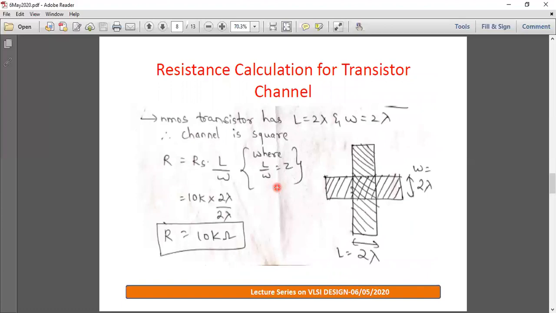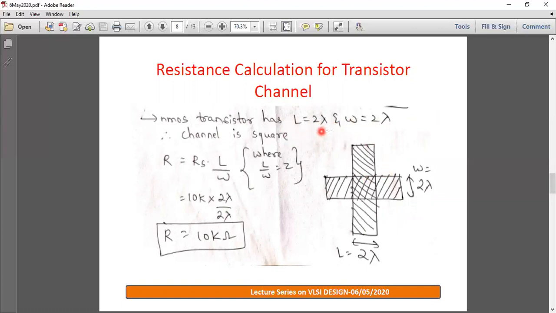So let us begin with the resistance calculation for an N transistor channel. As you know, the standard size for an N transistor is 2 lambda cross 2 lambda. That is, length is 2 lambda, width is 2 lambda, based on lambda based design rules. So both length and width are equal, so it is a perfect square.